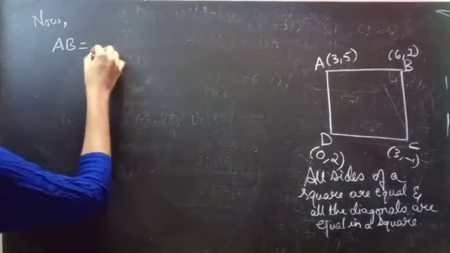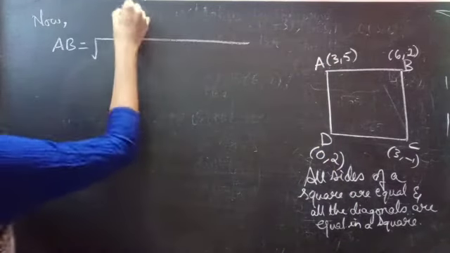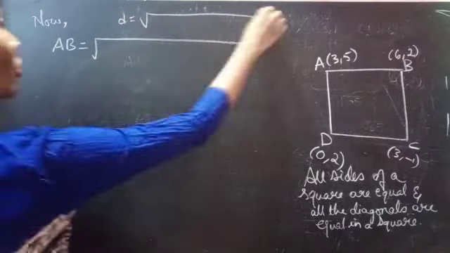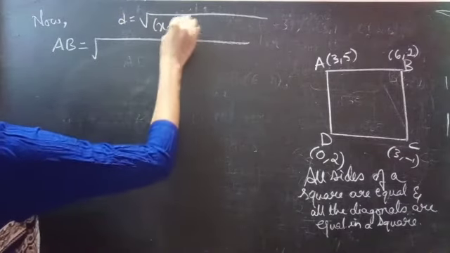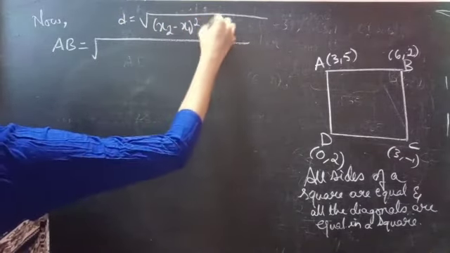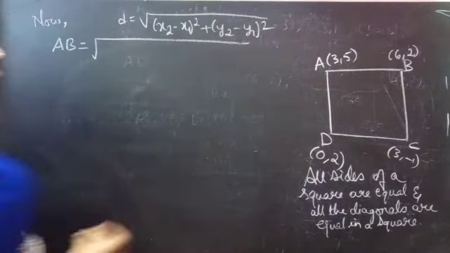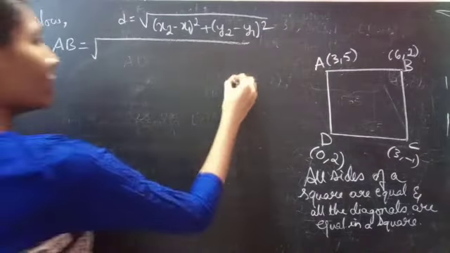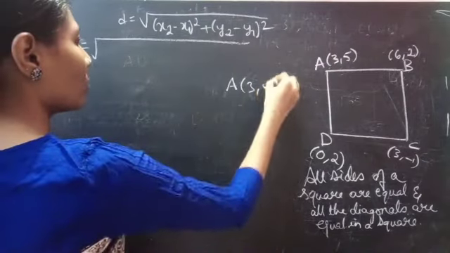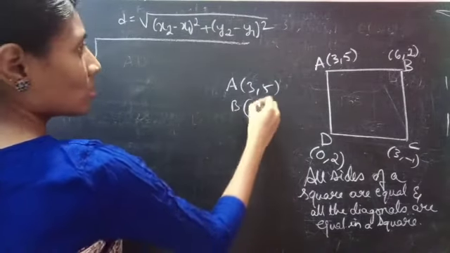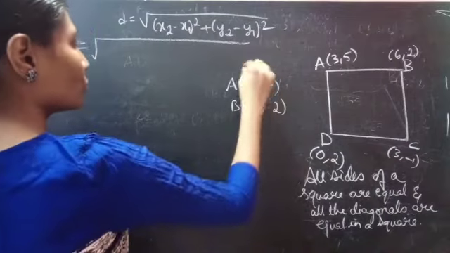AB equals square root of, since we have D equals square root of (x2 minus x1) whole square plus (y2 minus y1) whole square. You're having A (3, 5) and B (6, 2).